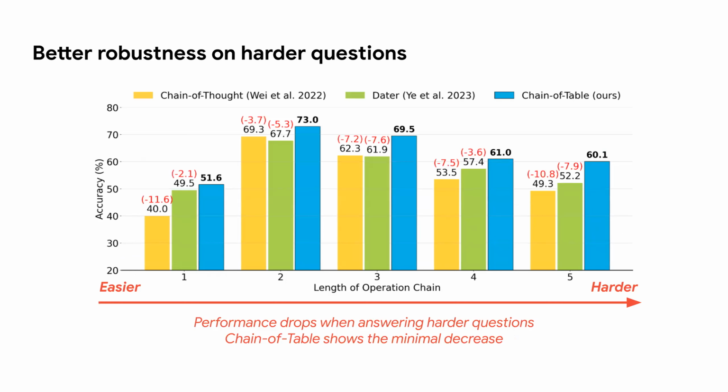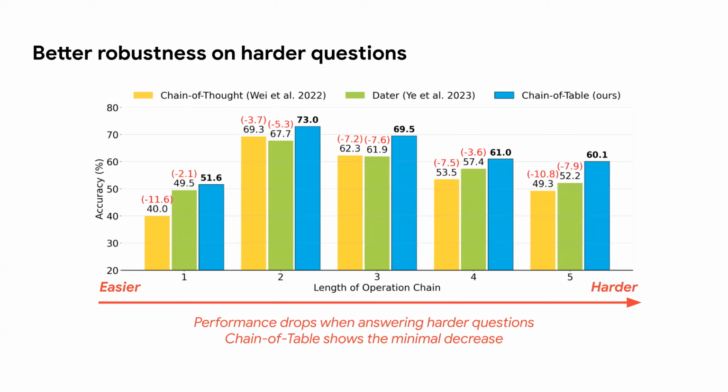Another finding from our work is that Chain-of-Table reasoning is more robust on the harder questions. As I just introduced, we have a long chain of operations, and we assume the longer chain means the harder questions. As you can see from this chart, the right part is the longer chain, the left part the shorter chain, so the harder questions will be on the right.